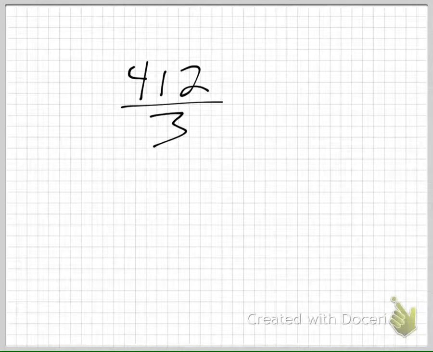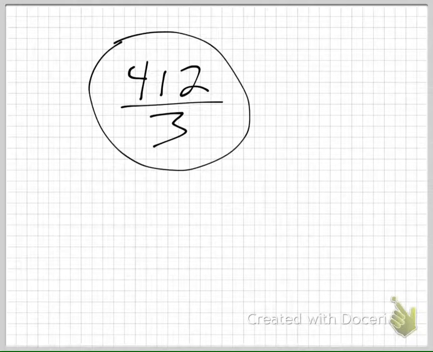Wouldn't it be nice to know if the answer of this is going to be a whole number? How would you know? What would make it a whole number? What would make this answer here be reducible even? How do you know if it's reducible? Can you reduce that? How do you know if this can be reduced or not?